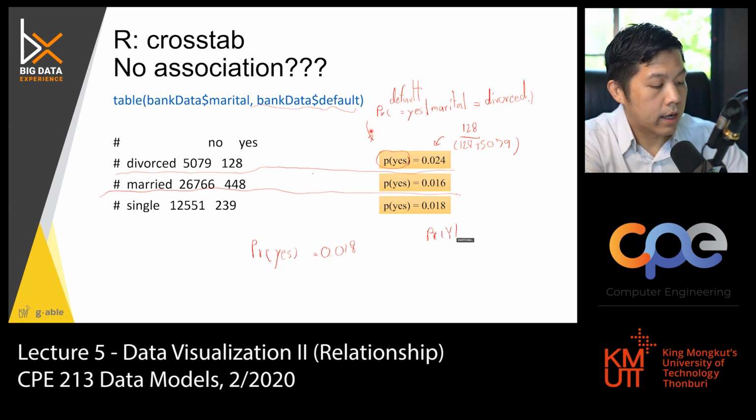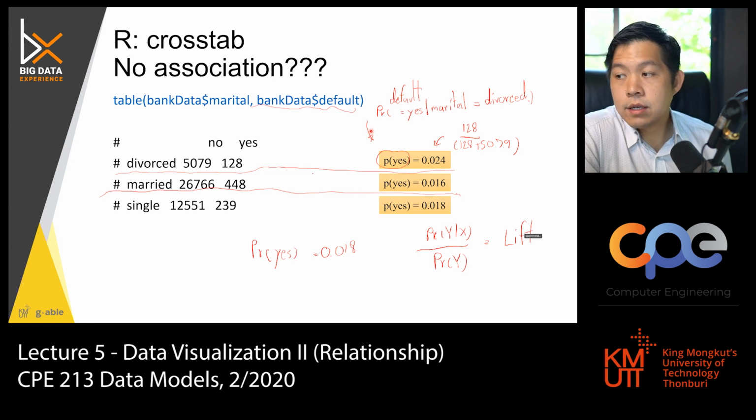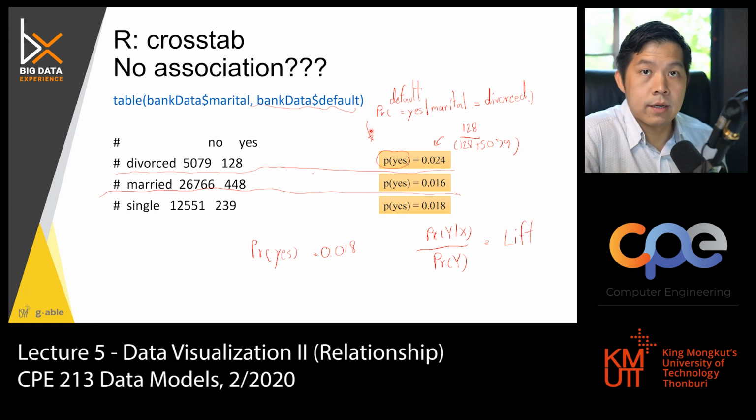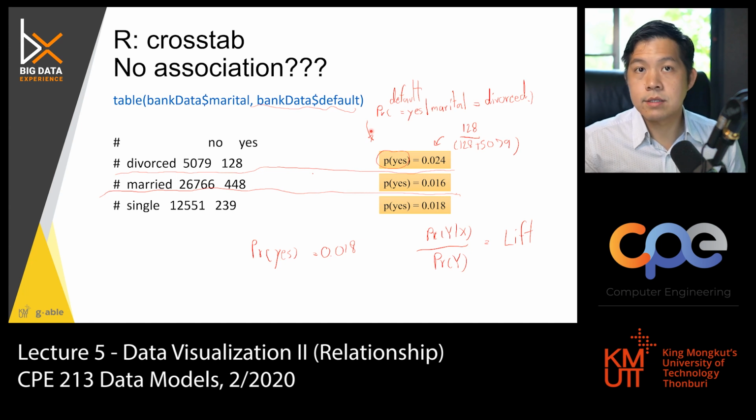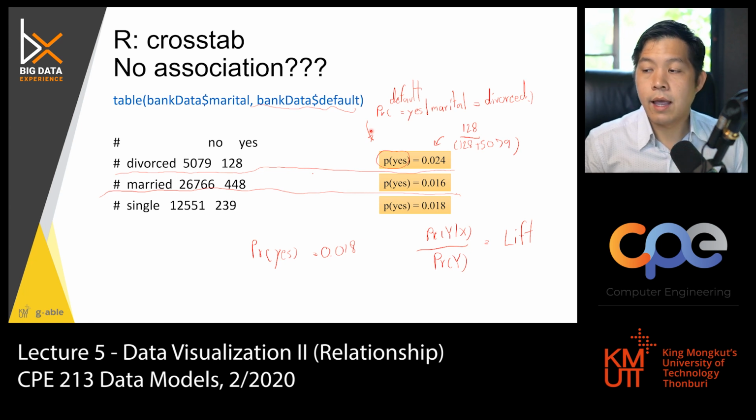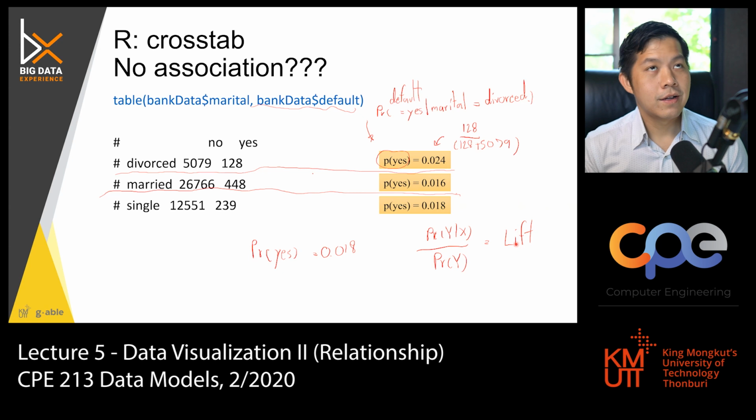of y given x divided by probability of y. This measurement is called lift. Lift is the proportion between the conditional probability of the event given certain things, that is the characteristics, divided by the prior probability. This would usually indicate how much higher a chance you obtained it, right?